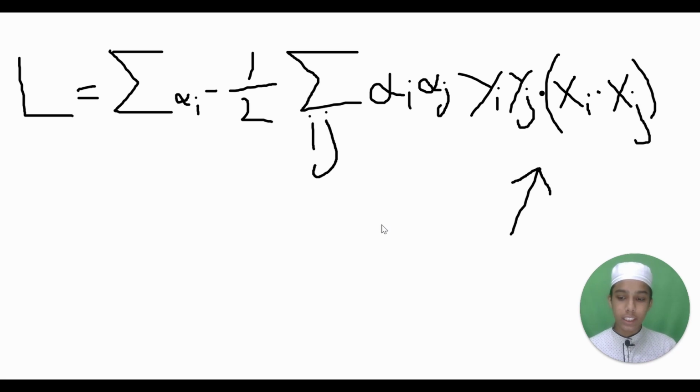As you can see here on the screen, this is the Lagrangian formula: L equals the sum of alpha sub i minus 1 by 2, the sum of i and j, alpha sub i into alpha sub j, y sub i into y sub j, multiplied by x sub i into x sub j.